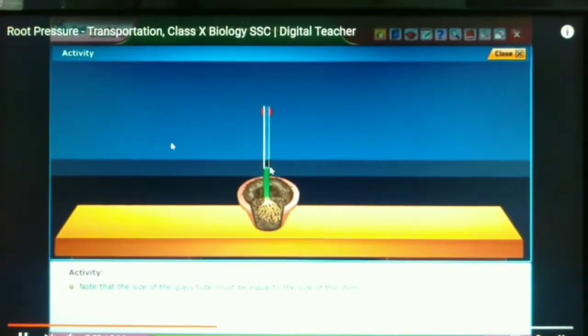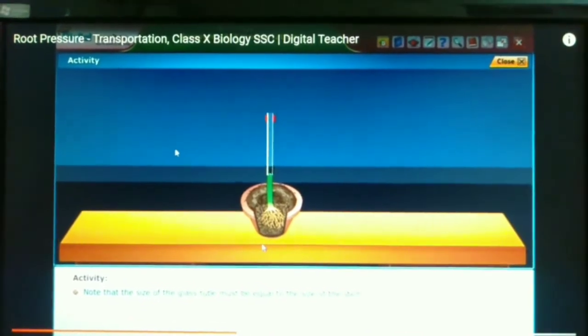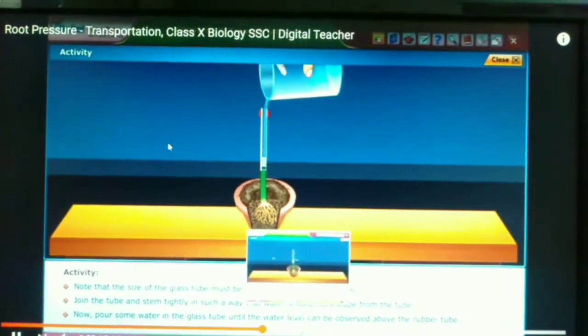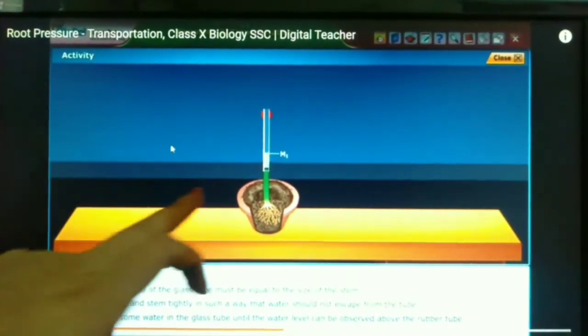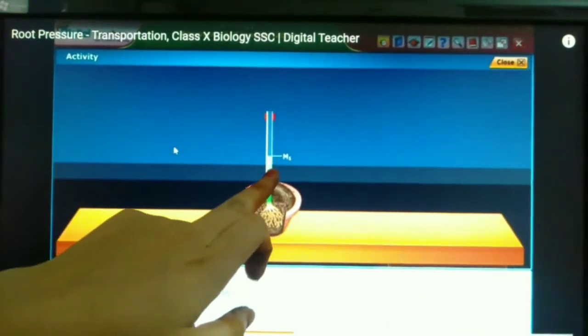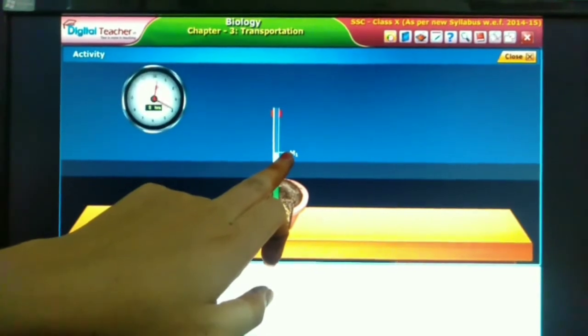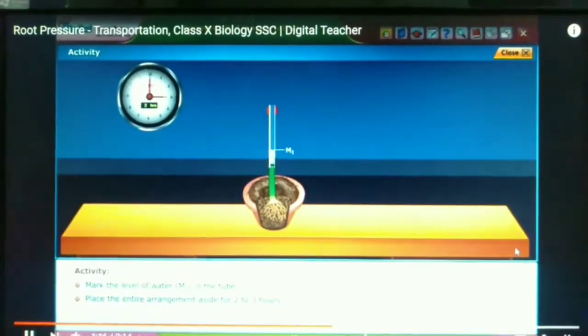Then put a glass rod and fix it to the stem. On the first day, pour some water into the glass rod and note that reading as M1.